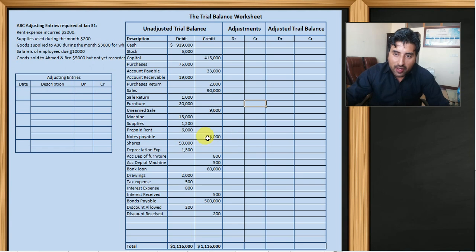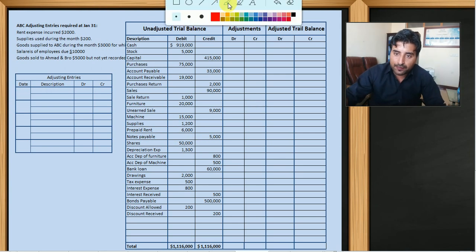So dear students, before passing all these entries here, make sure how many accounts need to be adjusted. Very simple. Look here, we have some adjustments or adjusting entries related to ABC company. The accounting period of this company is 1 month, ending on January 31st.